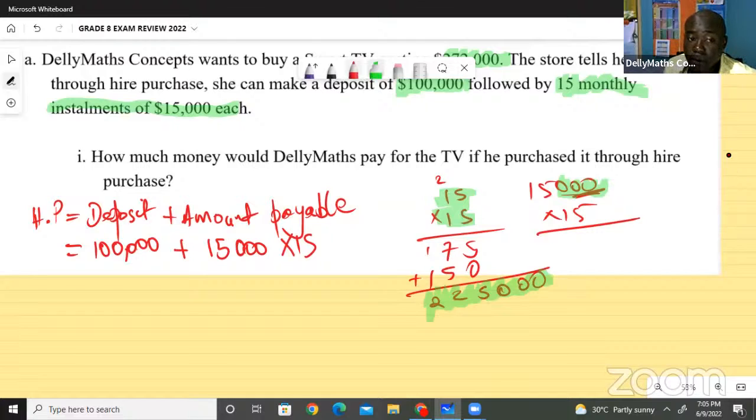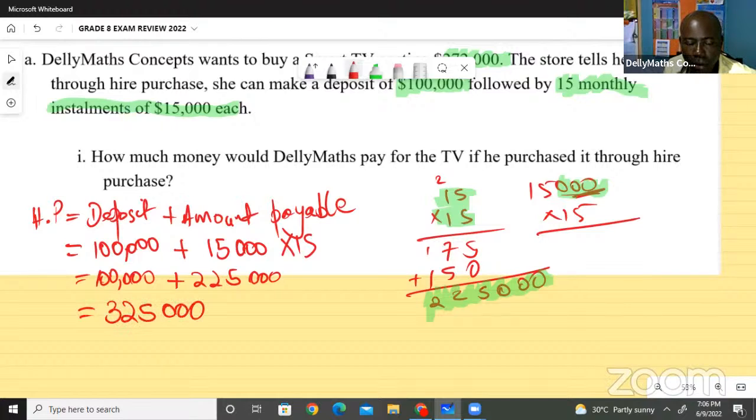So what it means then, you actually pay 100,000 plus 225,000 for the TV. So when you look at it, you pay 325,000 overall. This is what you paid for the TV on hire purchase.